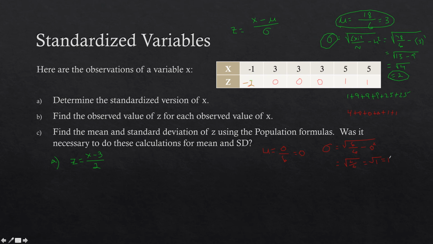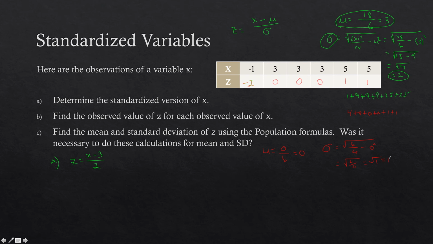Now, that would be our mean and standard deviation of z using the population formulas. Was it necessary to do this? Well, no, because listen to what the z-score does. It tells you how far away from zero. We're standardizing this. So we're telling you how many standard deviations these things are away from zero. So -2.